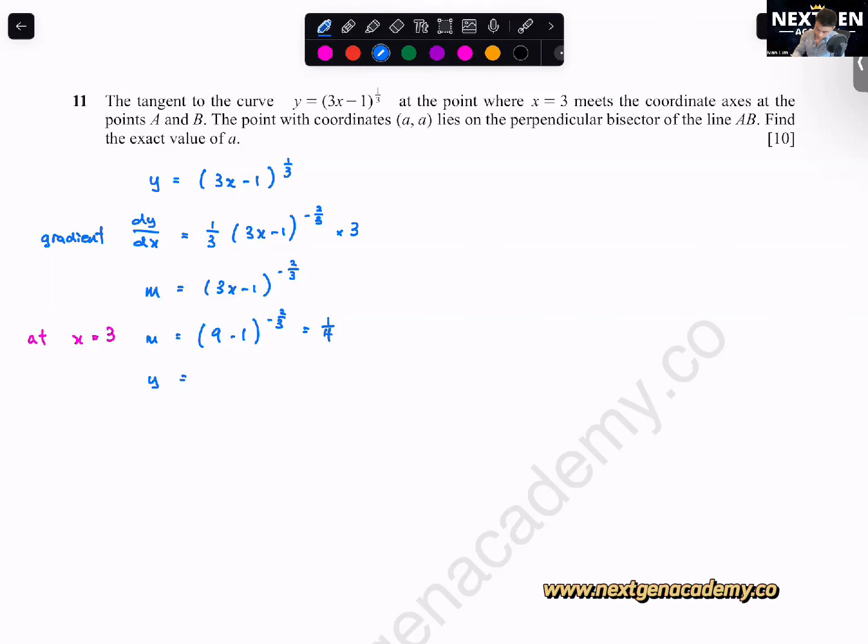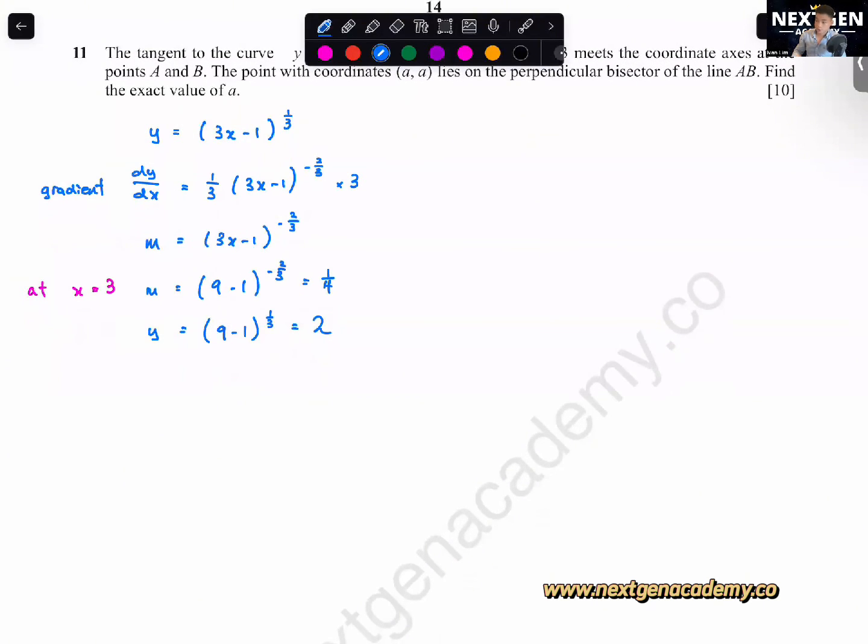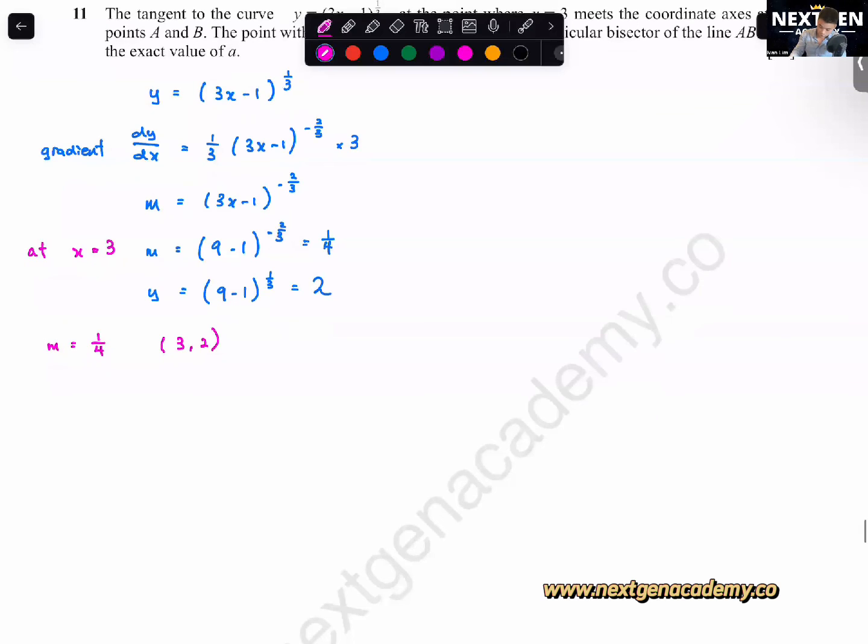So y is equal to (9 minus 1) to the power of 1 over 3, which equals 2. Okay, so I'm finding my equation of the tangent right now. I have m equals 1 over 4, and then at this point, (3, 2). Okay, to find the equation of the tangent, I will use y minus y1 equals m(x minus x1) based on these values here.